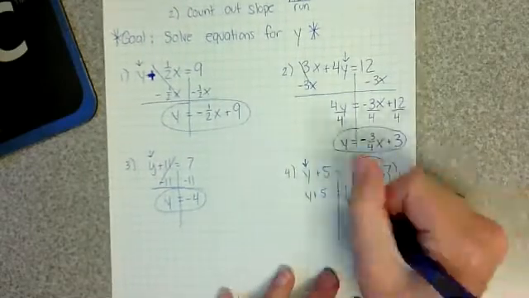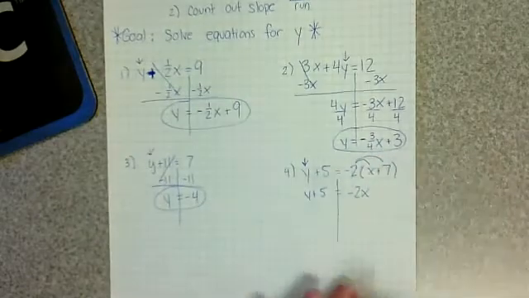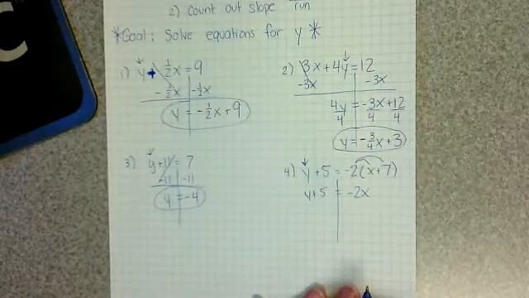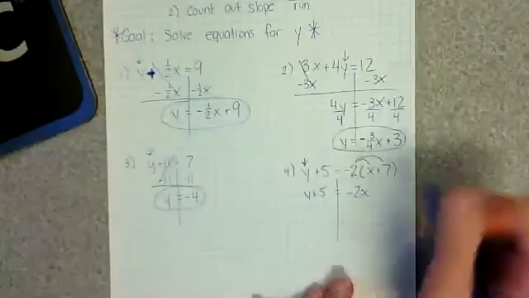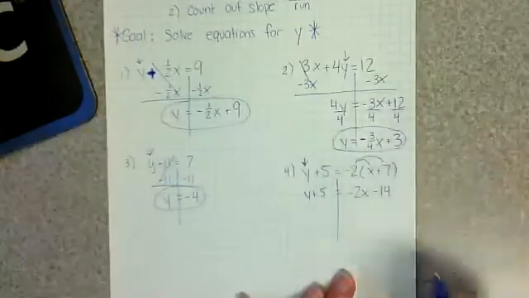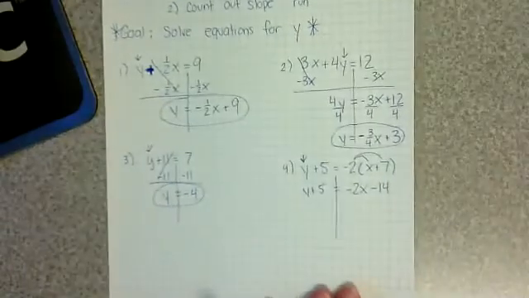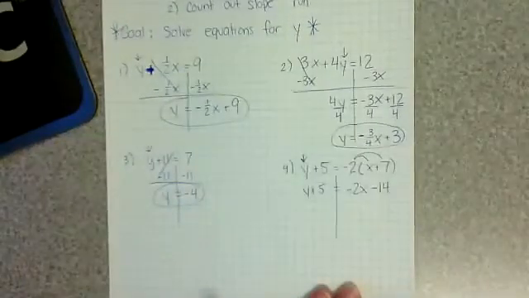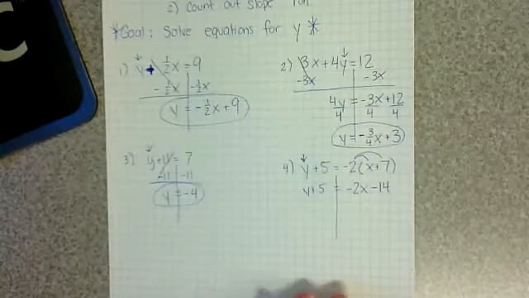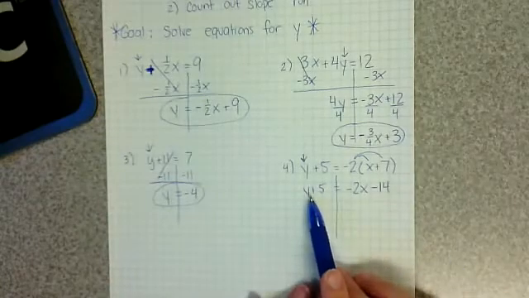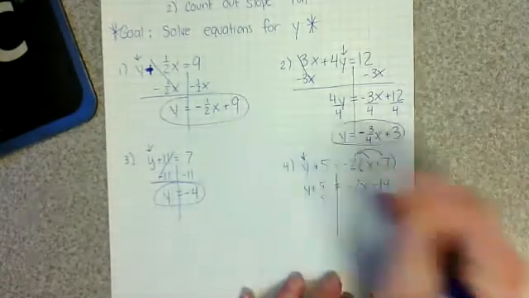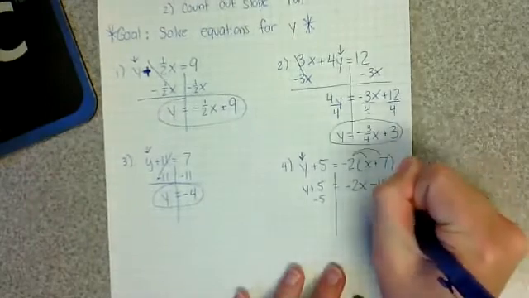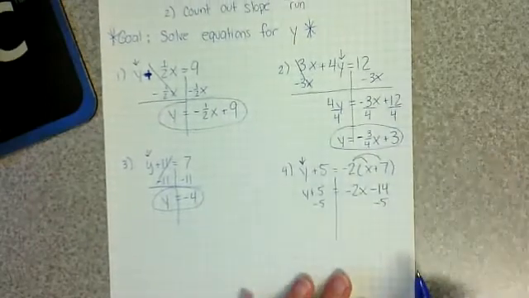Negative 2 times x is negative 2x. Negative 2 times 7 is negative 14. We still need to get that y by itself though. So since it's a positive 5, I'm going to subtract 5 here and subtract 5 here.